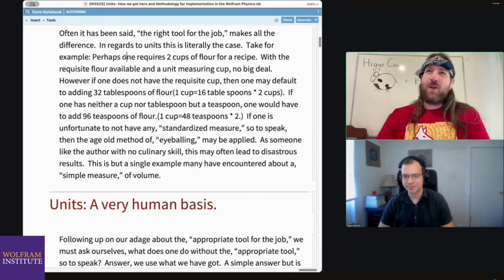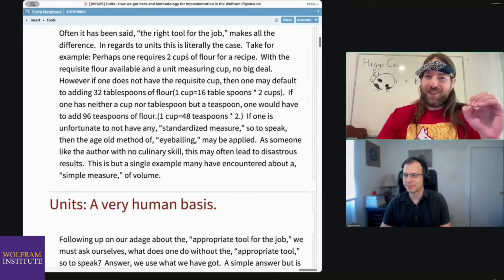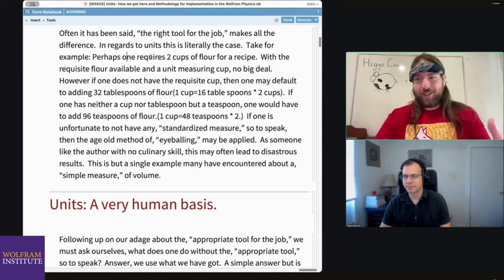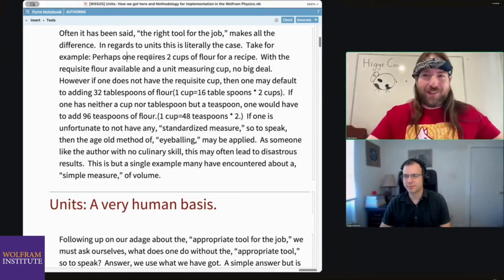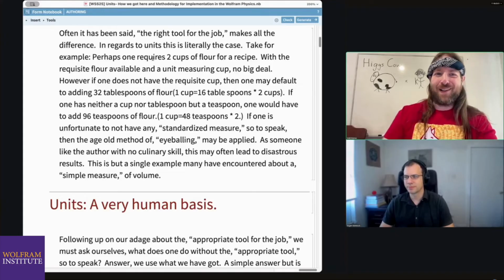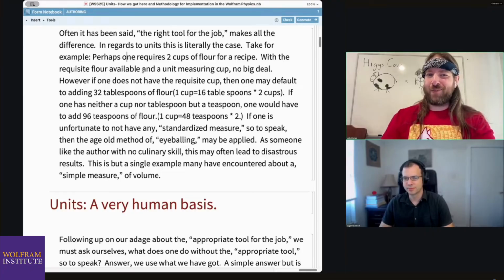But basically, if you're talking about units, I'm just going to read this quick example. If you require something like a recipe, some of us may have culinary skills, some of us may not, but I'm just going to read this because I think it was stated decently well. So perhaps one requires 2 cups of flour for a recipe. With the requisite flour available in a unit measuring cup, no big deal.